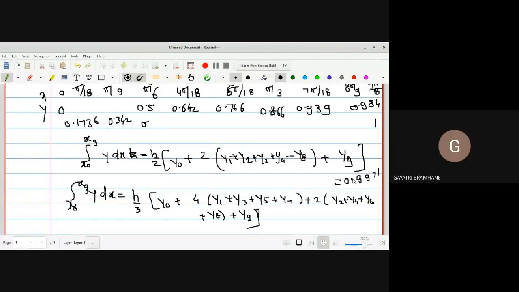It's 0.9415. Okay. Similarly, you can solve it by using the 3/8 rule.